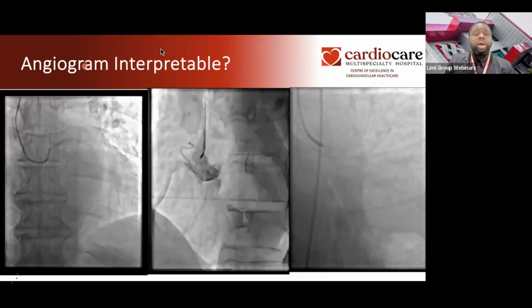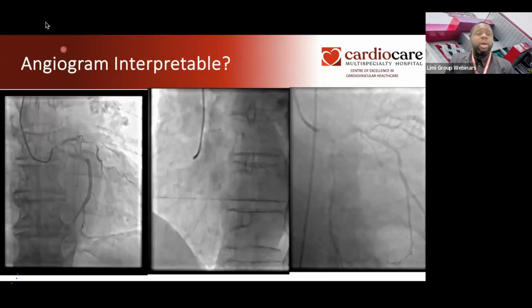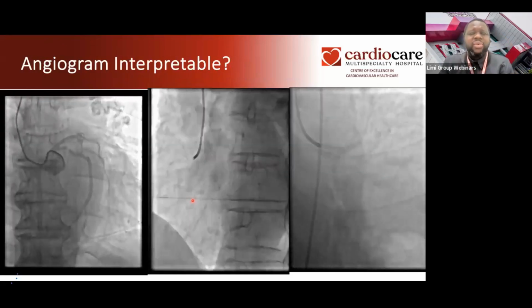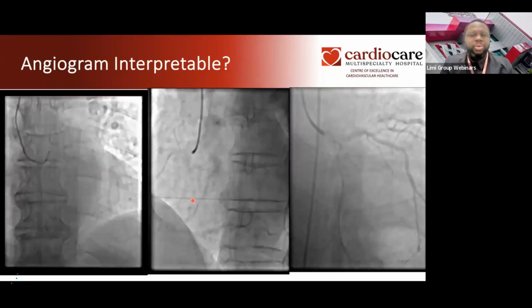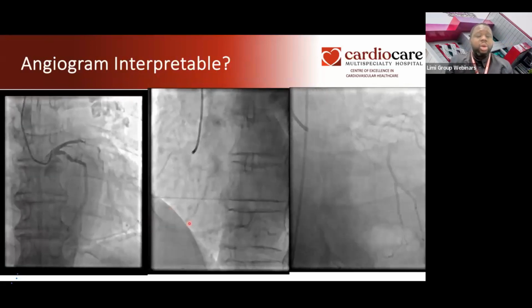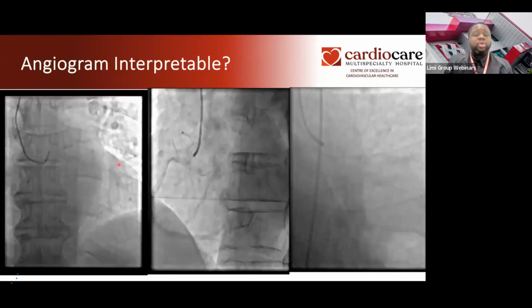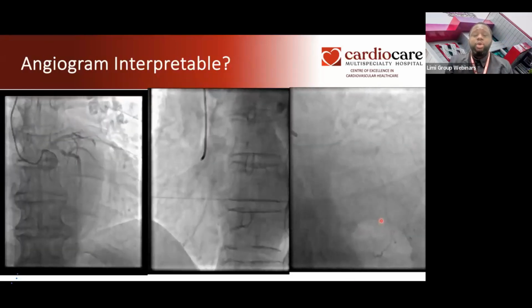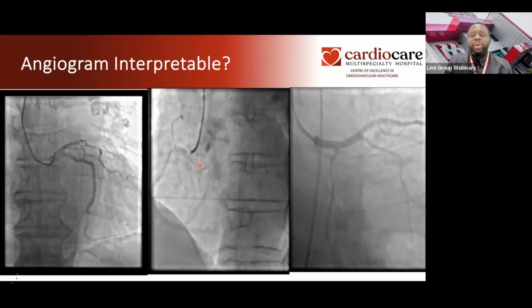Okay, so we'll continue. First of all, we try and interpret. The first question we need to ask ourselves is, is this angiogram interpretable? This kind of angiogram, for example, is not very interpretable. You know why? Some of them only show this part and they don't show the distal portion. This one was not properly opacified.